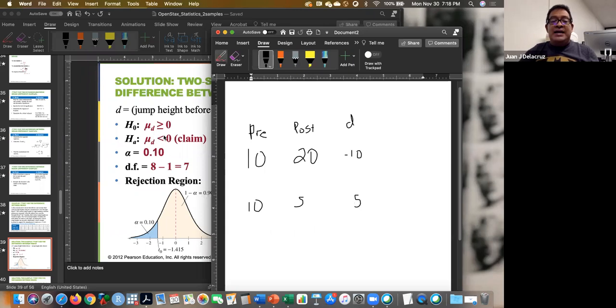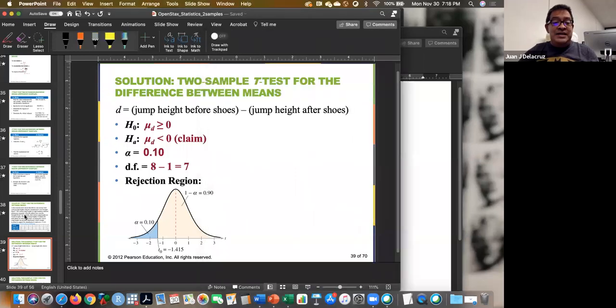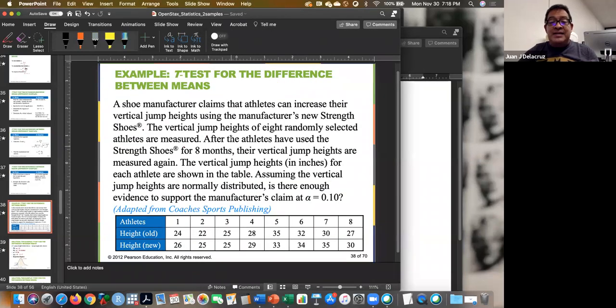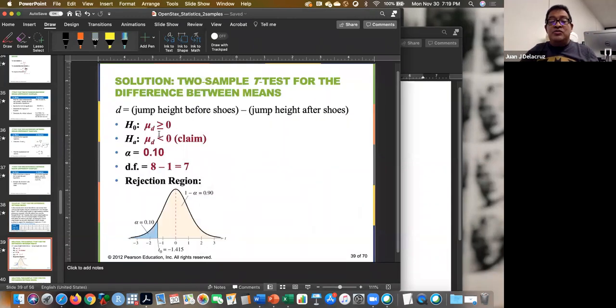So I can use in this second case a greater than. I am expecting that the number that comes out is going to be higher. That's what the hypothesis is telling me. So we are expecting the jump to improve from being 10 to being 20. So the difference is going to be negative. Therefore, I'm going to use a claim that uses the less than.